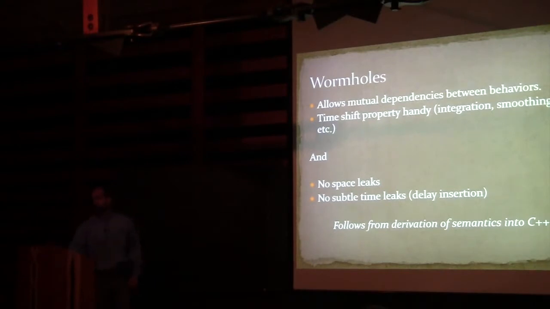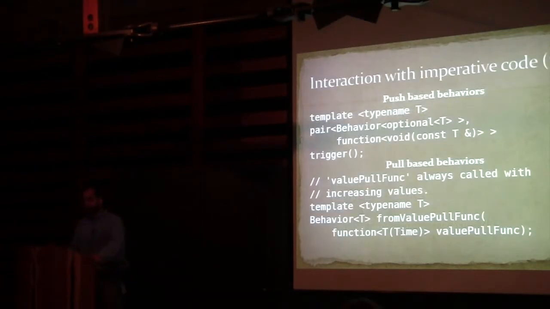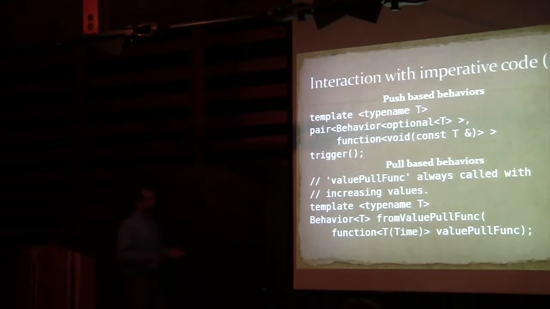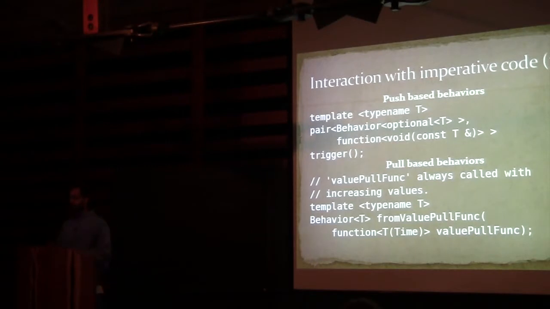Okay. So another big problem with the Haskell things is integrating with imperative code. So let's talk about that. This is where what you were asking about earlier, Eric, comes in. So you can create a behavior in a couple different ways. The first is a push.